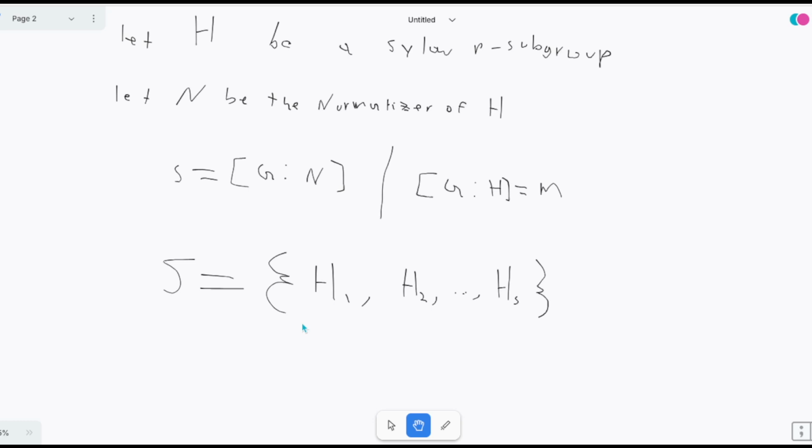So we can let H act on this set, which we'll call H1.